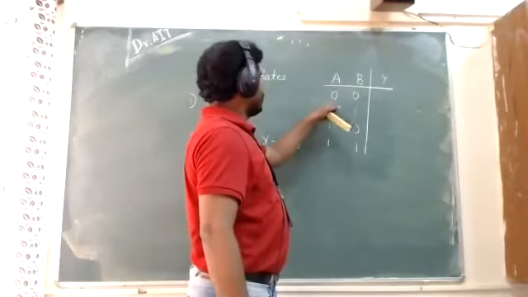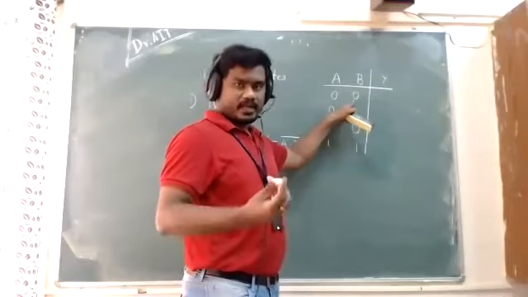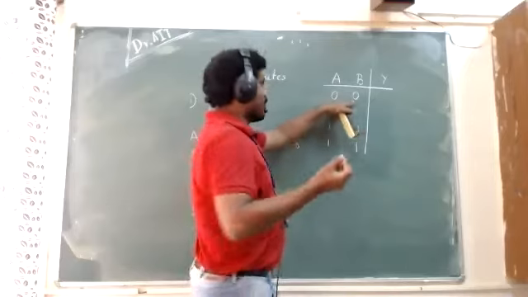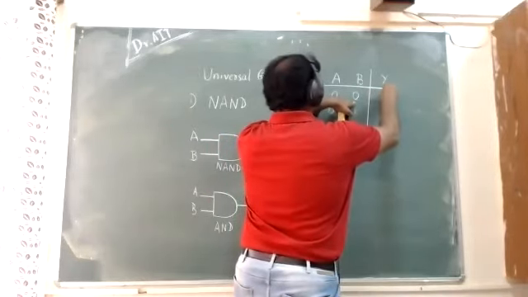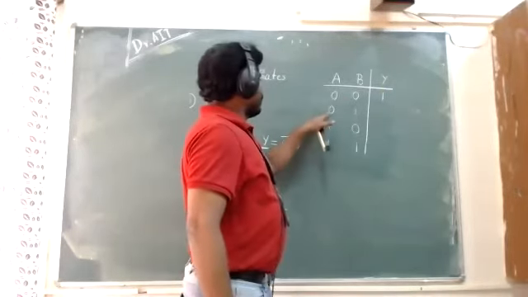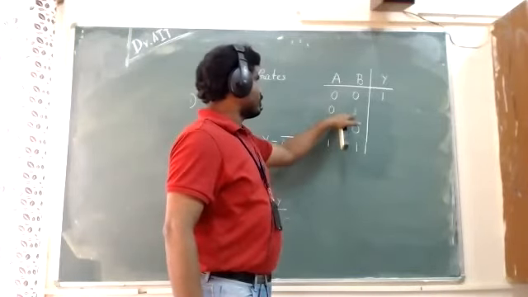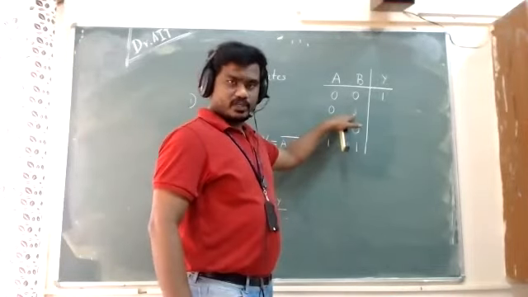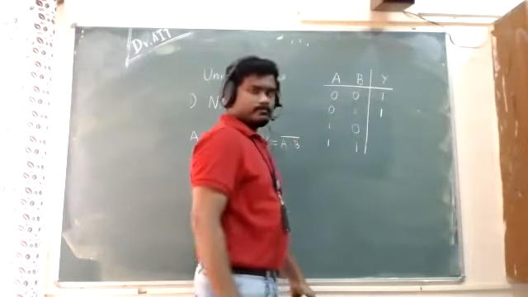Now if both the inputs are 0, what is the output of AND gate? The output of AND gate is 0. But the output of the NAND gate is the complement of the AND gate, so its output is 1. When A is equal to 0 and B is equal to 1, for AND gate it's 0, and for NAND gate it's 1.